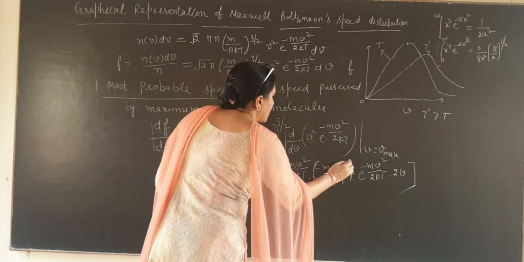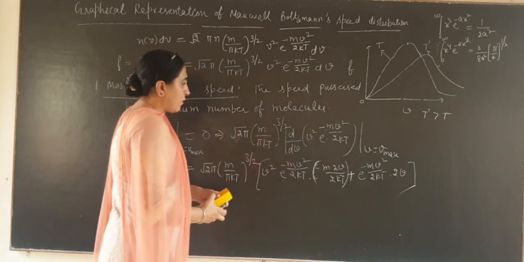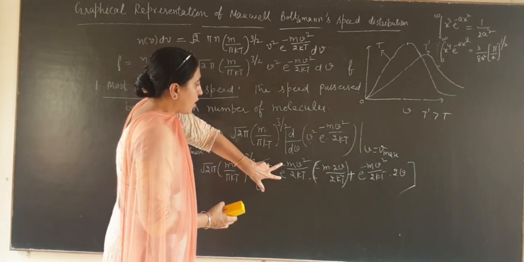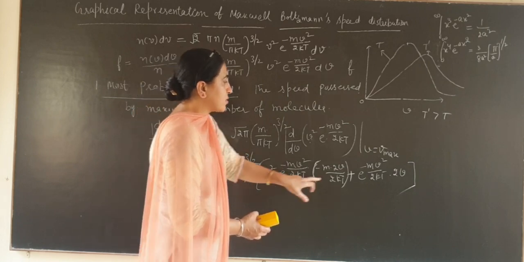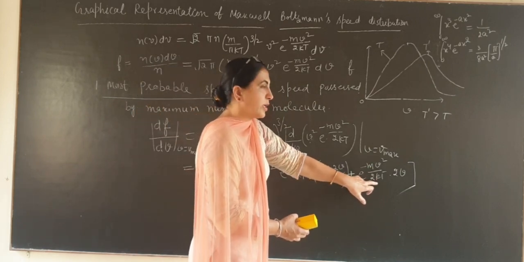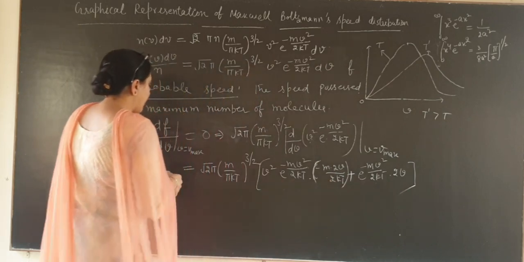This is multiplied with the first term. Now what is common? e raised to minus m v square upon 2 kT is common, so take it outside.